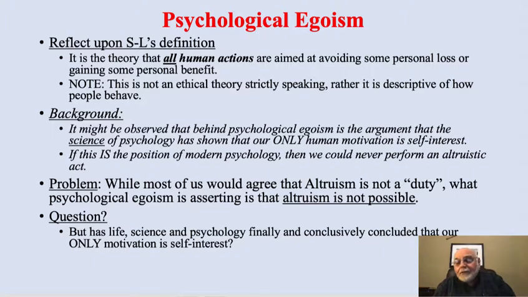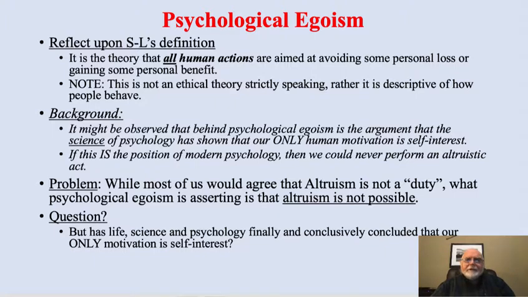Now today, when you ask the question, is modern psychology coming to this conclusion that altruistic acts are impossible because we act totally out of self-interest? Now, regardless of what we might view as the modern science, let's stop and think. We're philosophers and ethicists here.